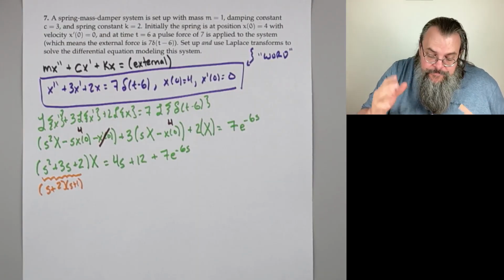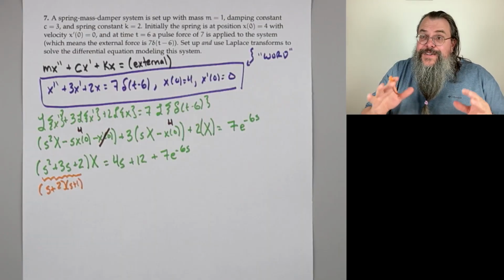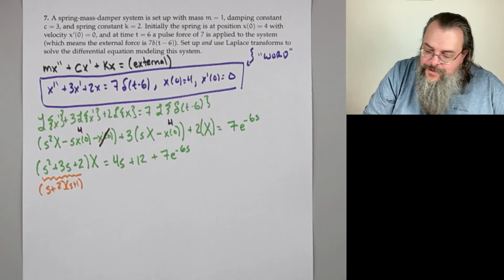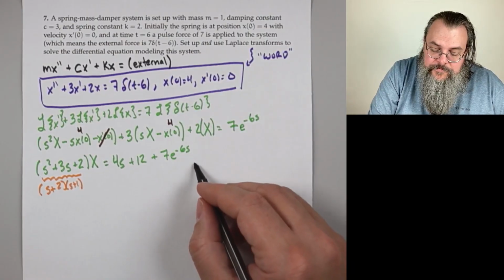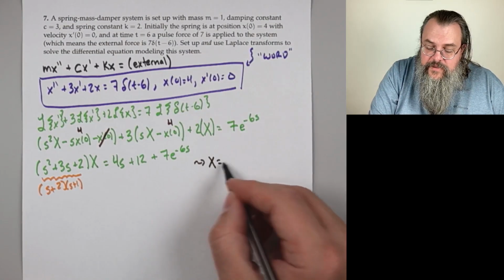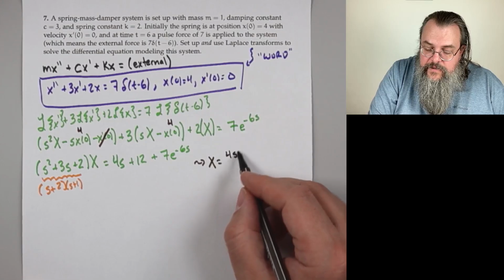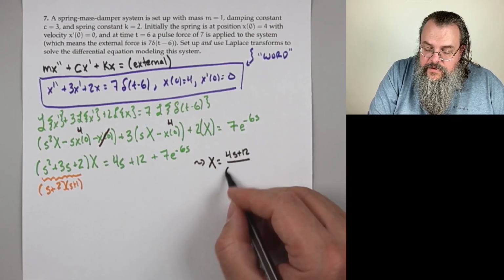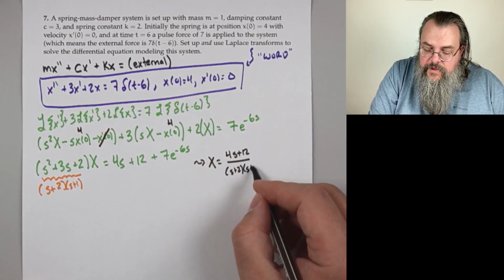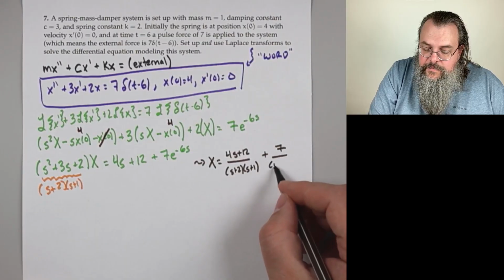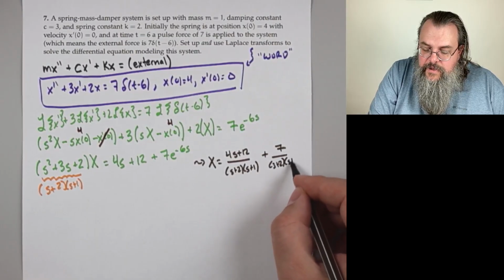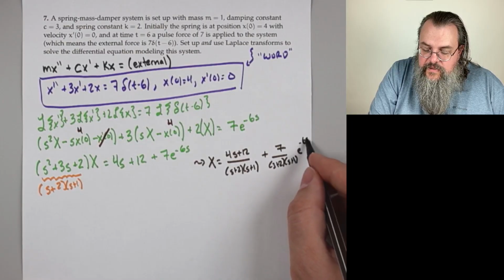Okay, so no worries, that's okay. So what do we get? This leads to the following. Capital X is 4s plus 12 over s plus 2 times s plus 1, plus 7 over s plus 2 times s plus 1 e to the minus 6s.